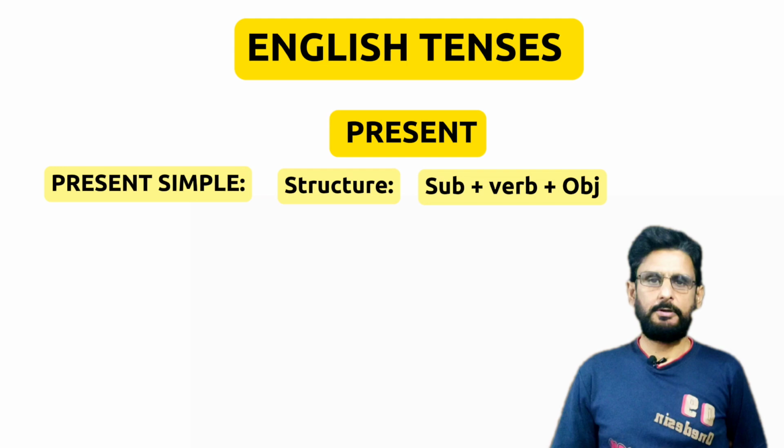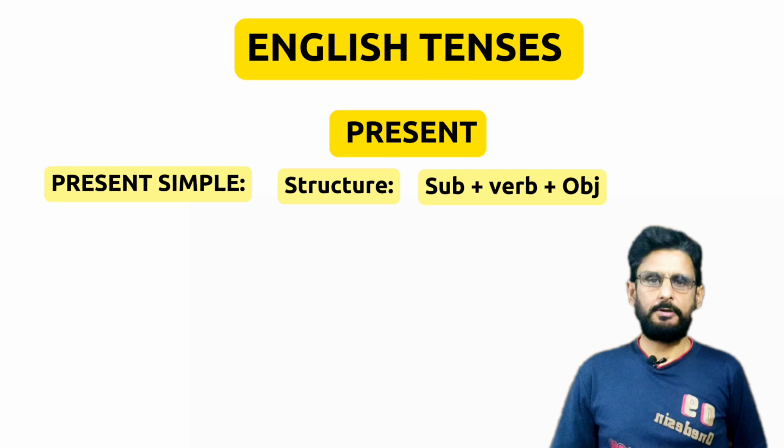Sometimes we do not use s or es with the verb in present simple tense. Why? Because subject does not demand it. When s or es is used and when it is not used, we'll discuss it later on.